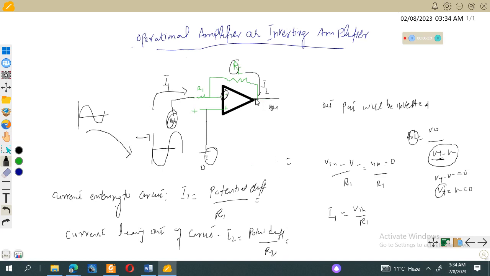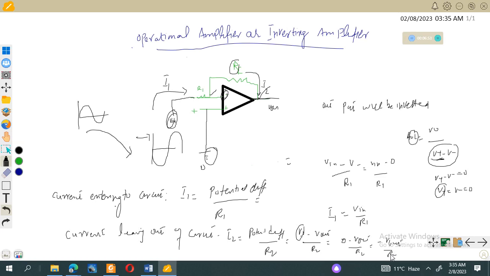It is the potential difference between the output point and this point. So it will be V minus minus V output, divided by R2. And you know that V minus is equal to V plus, which is equal to 0. So this will be 0 minus V output over R2, which is equal to minus V out over R2.